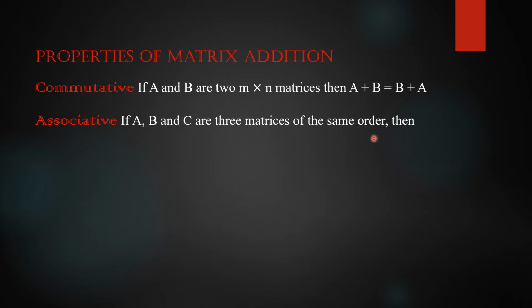You have three matrices. Then the associative rule is A plus (B plus C) must be equal to (A plus B) plus C. You see here, that is just changing the position of the bracket. So this property is known as the associative property, and the associative property is obeyed by the addition of matrices, okay.